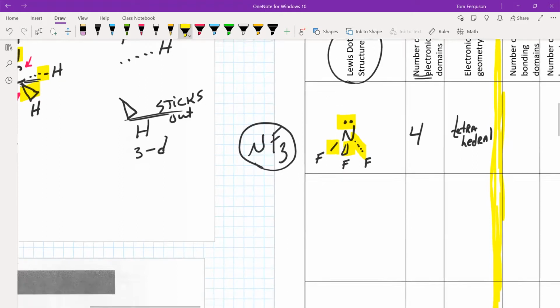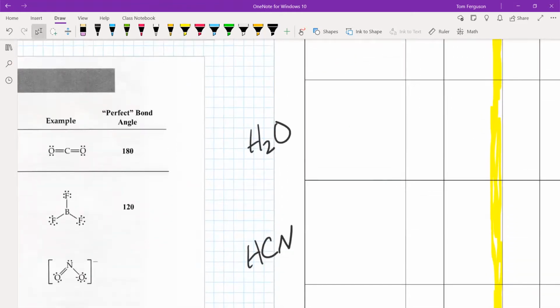Let's do another example. Let's do water. So here's oxygen. Two hydrogens. Okay.